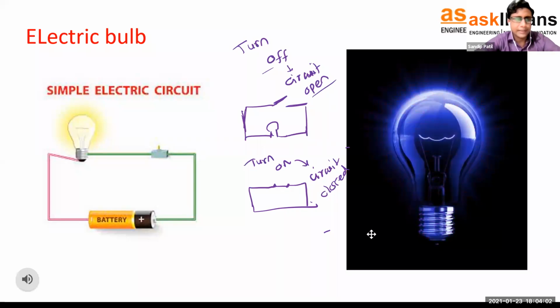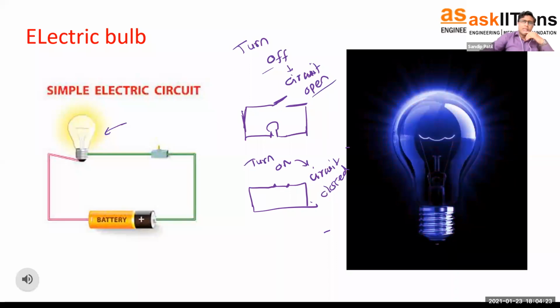The next element of the circuit is the electric bulb. Normally we can consider any other instrument also, but now let's talk about the bulb. So this is the normal basic bulb. Nowadays we get a CFL bulb. A CFL bulb means a white color bulb. They produce white light. But initially this type of bulb used to come, right?